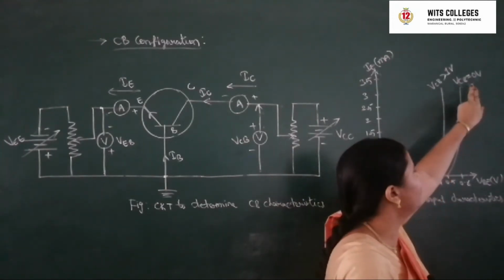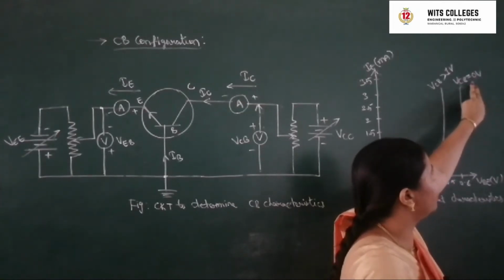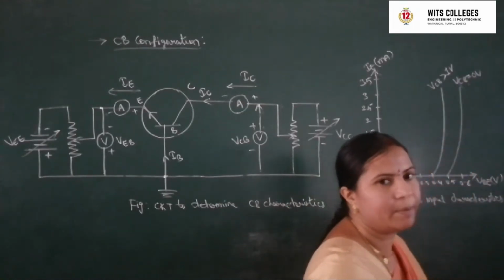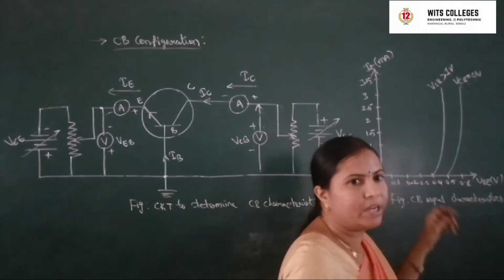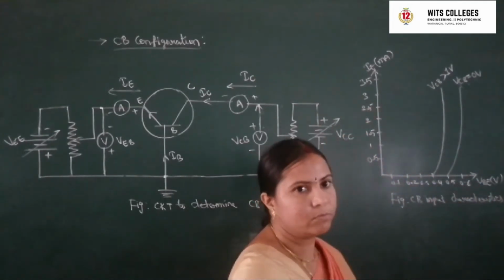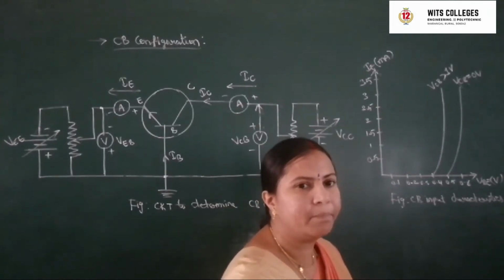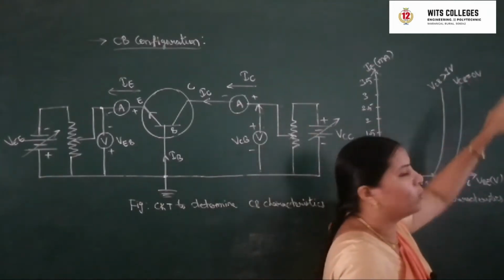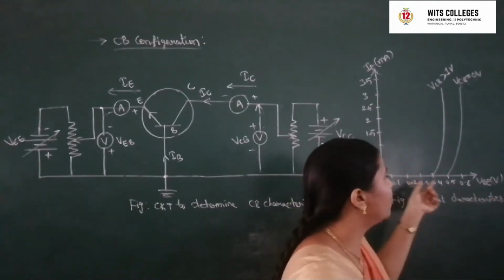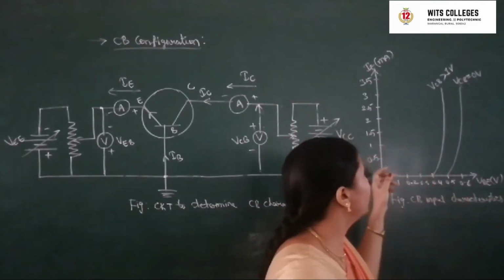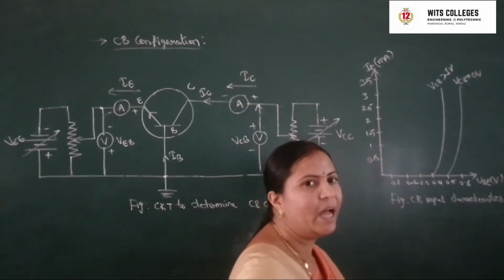We have to keep the constant value VCB equals 0. After that, what do we have to do? We have to vary the base emitter voltage stepwise and we will get the current values. First we keep the collector base voltage at 0 volts, now we vary the base emitter voltage stepwise, and you will get the emitter current.